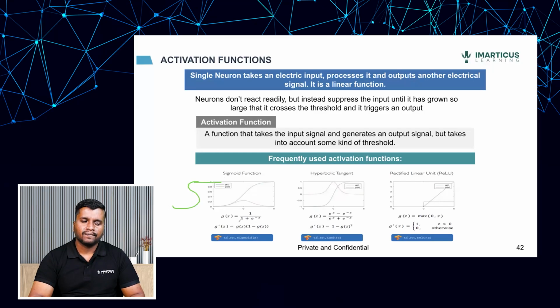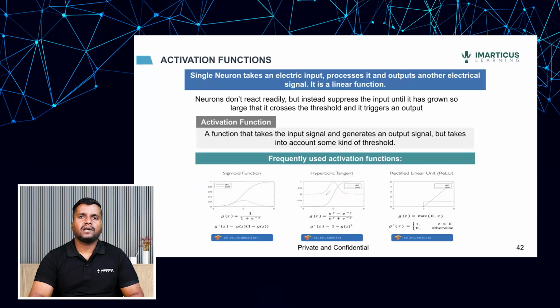The formula is 1 divided by 1 plus e raised to minus z, where z is the input data that we are going to pass, or a linear combination of that input data. So the sigmoid activation function helps us get the data into a linear fashion.